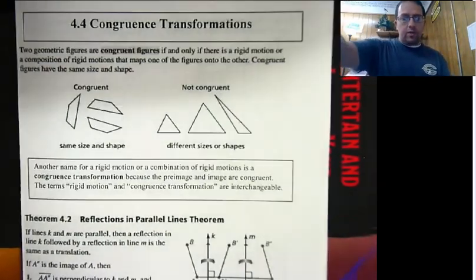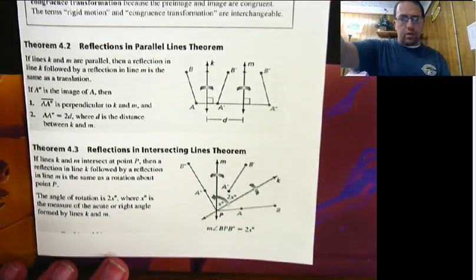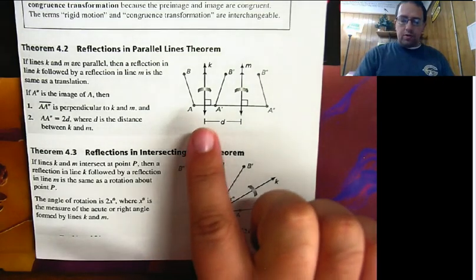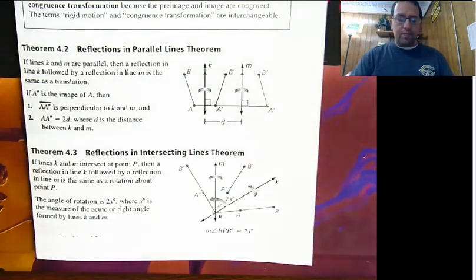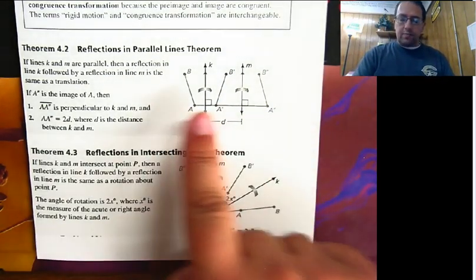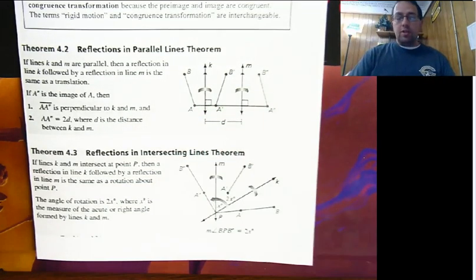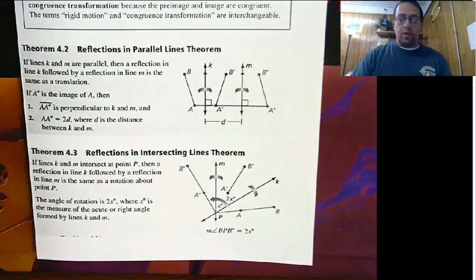Now, we do have two theorems here. First, the reflection in parallel lines theorem. If you have two parallel lines, K and M, and if you reflect a shape over one of them and then reflect over the other, it's the same thing as doing a translation. All right.